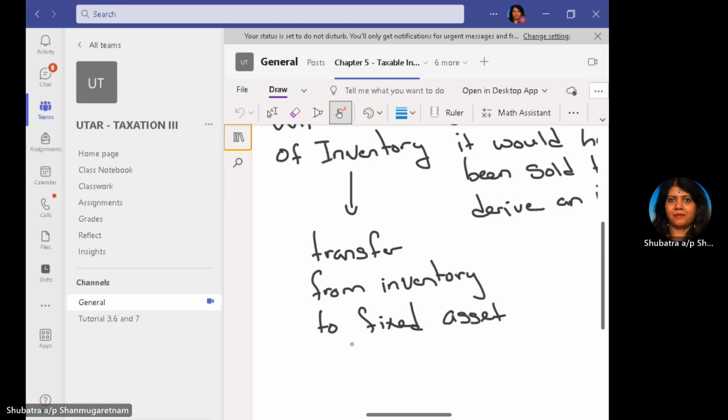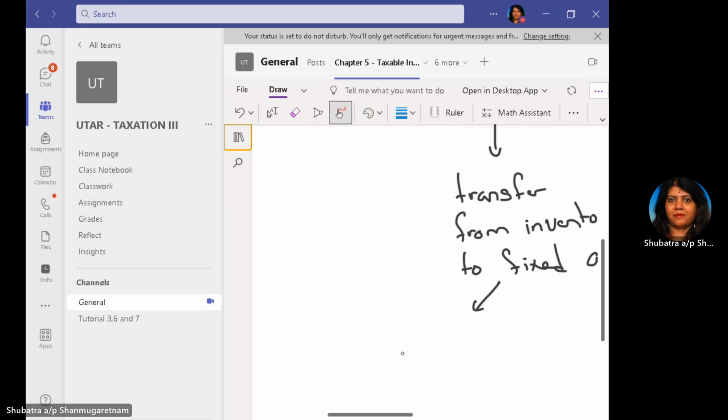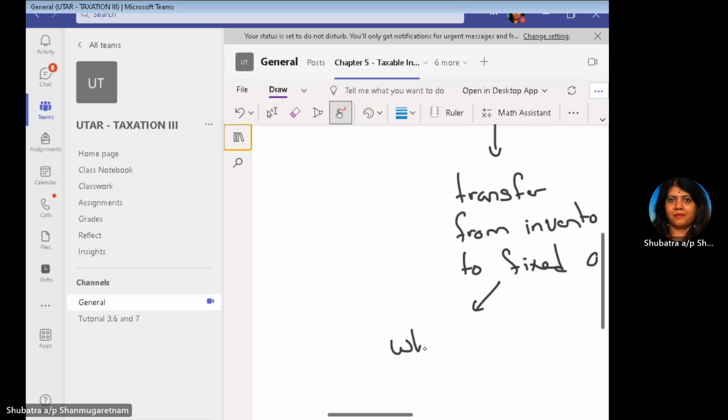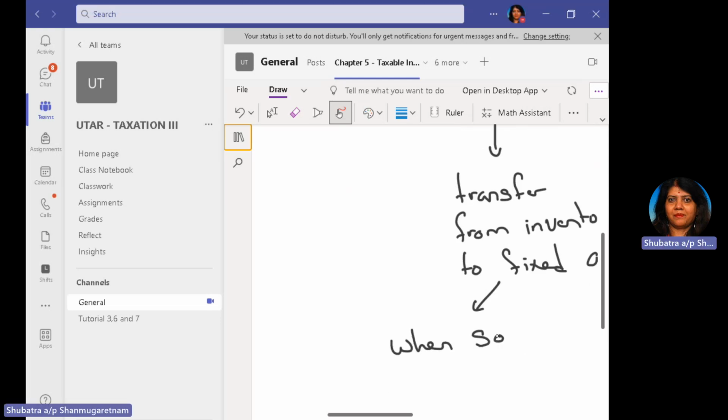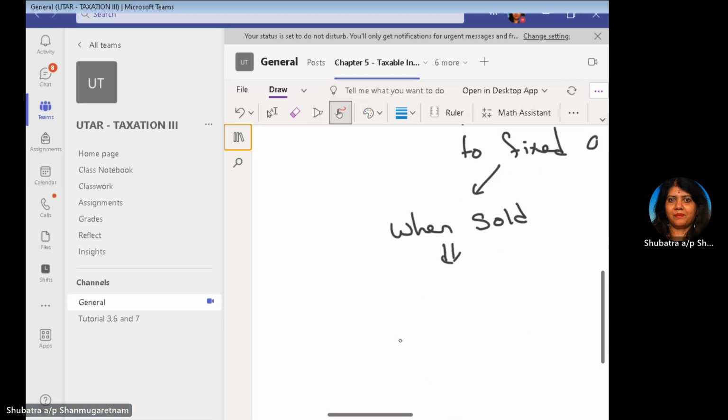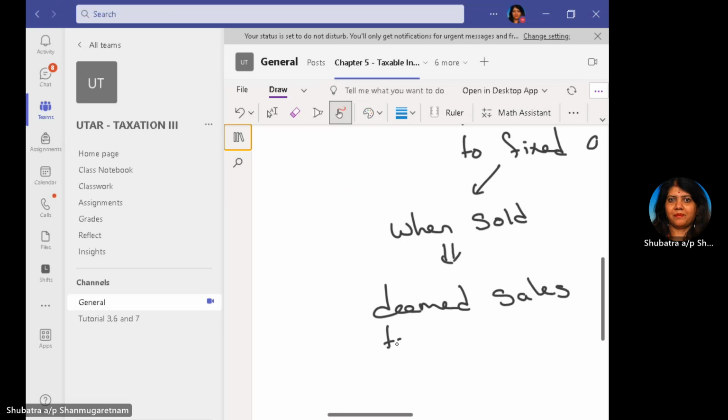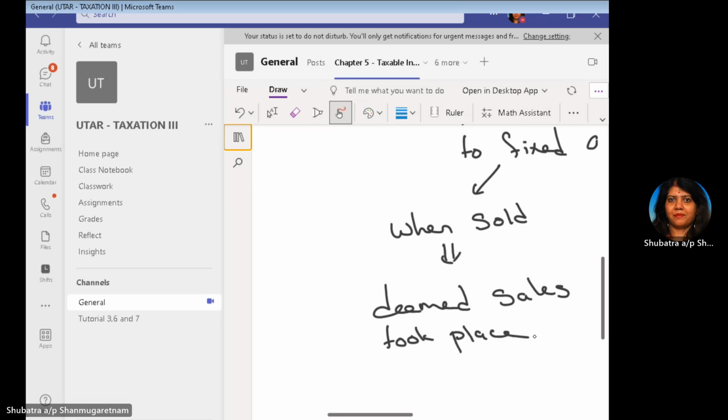So when it's sold, it's deemed sales took place.